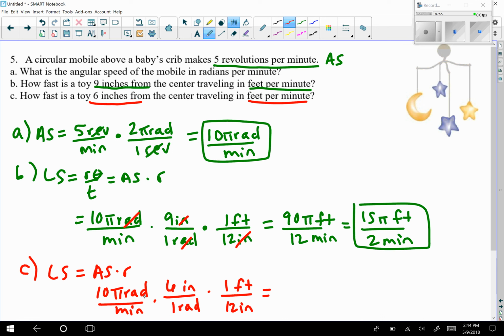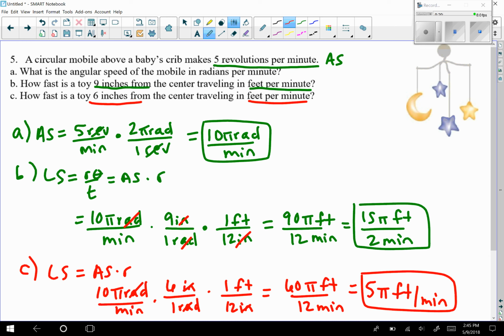So notice that your radians cancel out, your inches cancel out, you'll be left with feet per minute. So this is going to give me 60 pi feet over 12 minutes, which is equal to 5 pi feet per minute when we simplify. So that's it for this one. So let's go ahead and look at the next question.